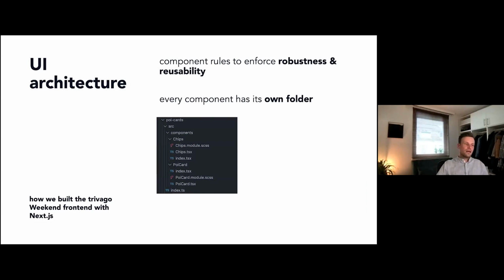Nothing else is allowed to go into this folder, because we have seen people putting component files and CSS modules and hooks just everywhere, and at some point you just have no idea what belongs where and what component is importing another component. So this is one of our first rules: one component, one directory, nothing else in it.